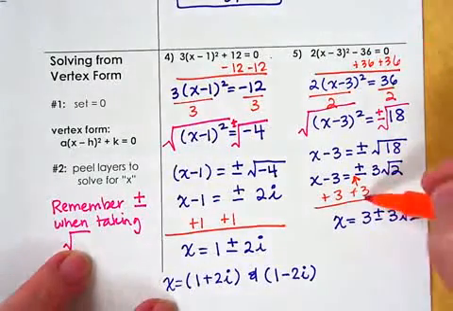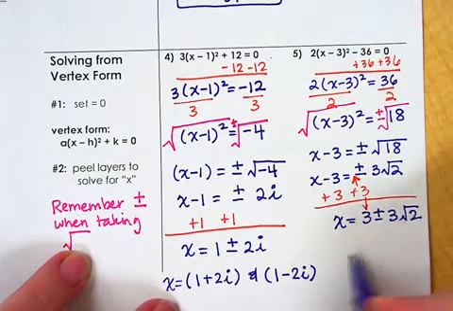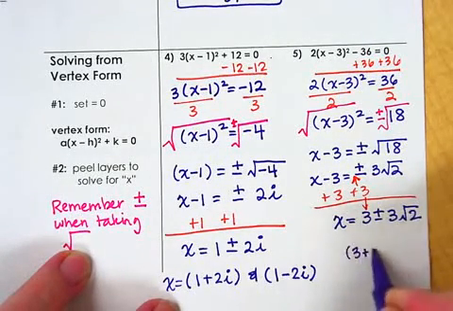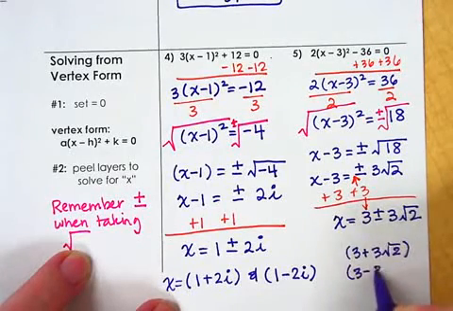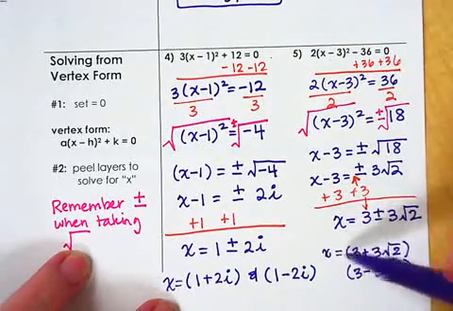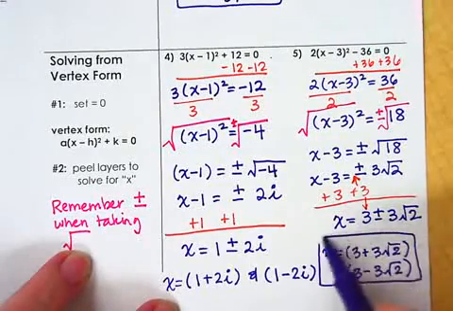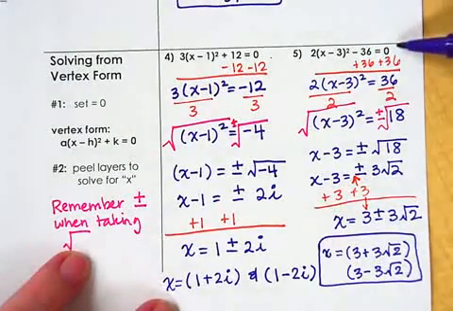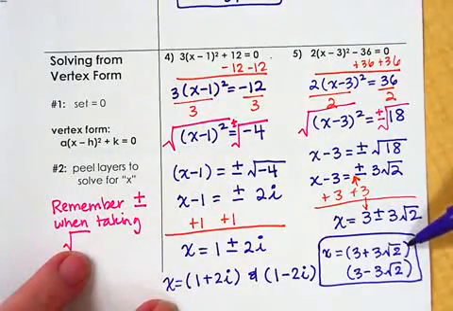That's where it goes. Okay, so what does this really mean? It really means that I have 3 plus 3 radical 2, and I have 3 minus 3 radical 2. Both of those are the solutions to this quadratic. And if I were to put this equation in my calculator and look at the graph, these here I can actually get decimal answers.